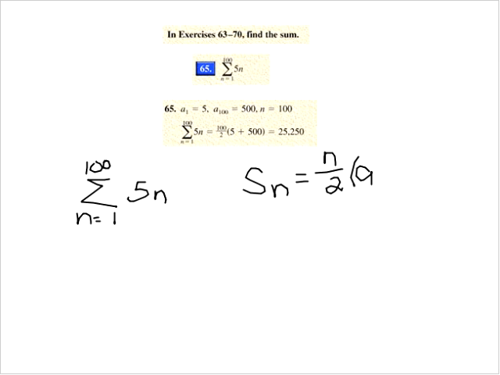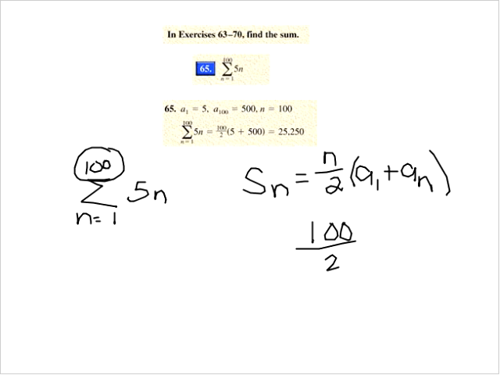Next, let's find the sum of the summation with n equaling 1 to 100. I know it's a little hard to read here. In order to find the sum, we need n over 2 times a sub 1 plus a sub n. If we look, there are 100 terms, so n is 100.